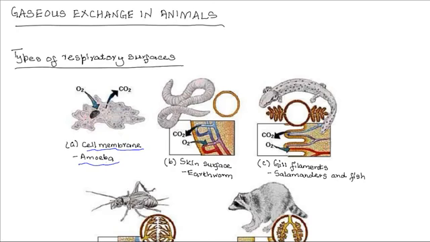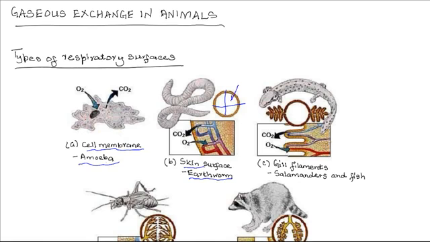In a small animal such as the earthworm, the body is cylindrical in cross-section, and this type of body provides a large surface area compared to the volume. So gaseous exchange occurs simply across the surface.